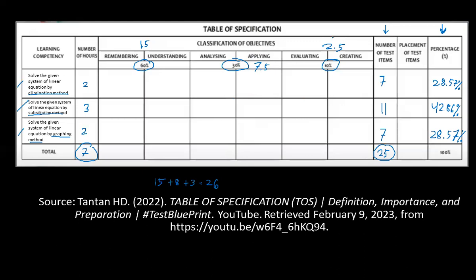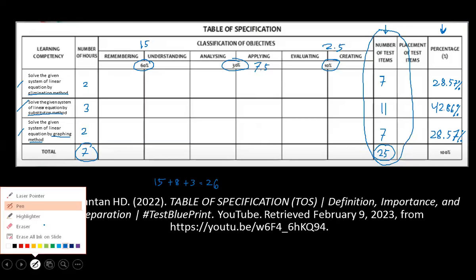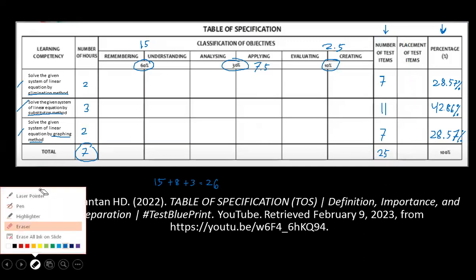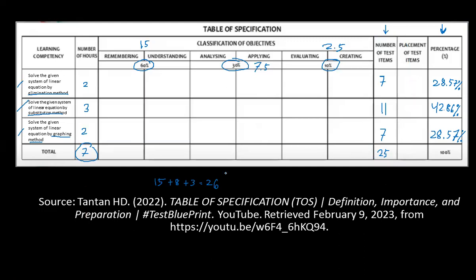The same scenario pagdating dito sa number of test items. Kapag sa tingin mo, sumobra ka ng isa or dalawa dahil nag-round off ka, you can just simply copy itong mga numbers before the decimal points.